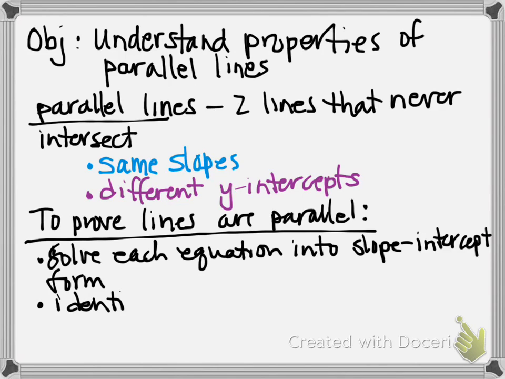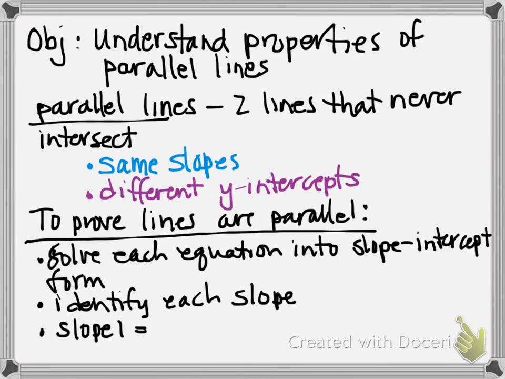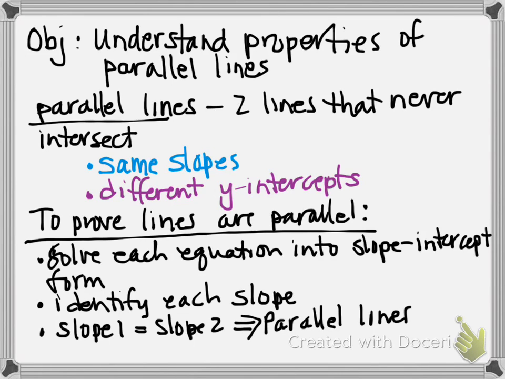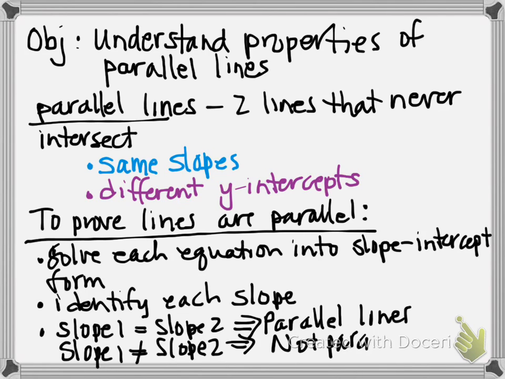Identify each slope. If slope 1 equals slope 2, parallel lines. If slope 1 does not equal slope 2, not parallel lines. You can't assume it's any other kind of line. You just know that they're not parallel.